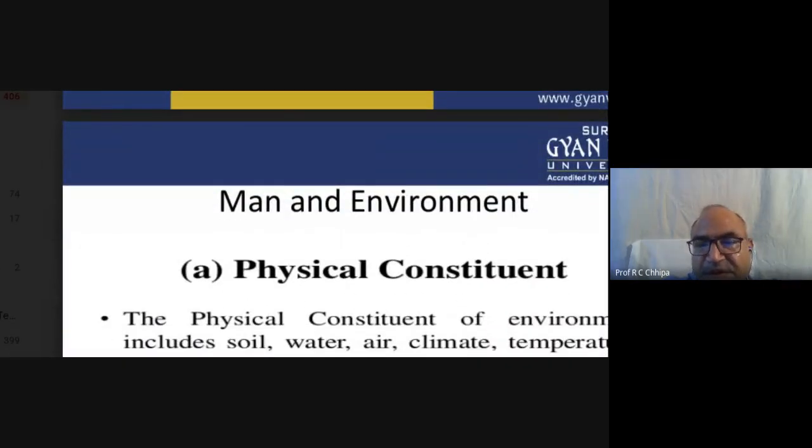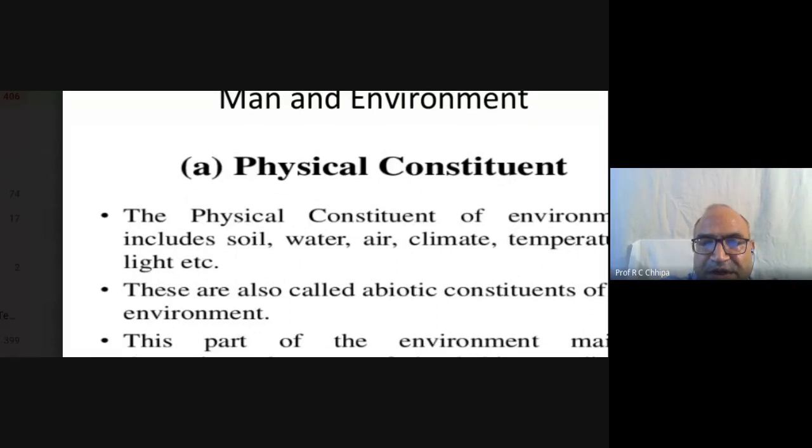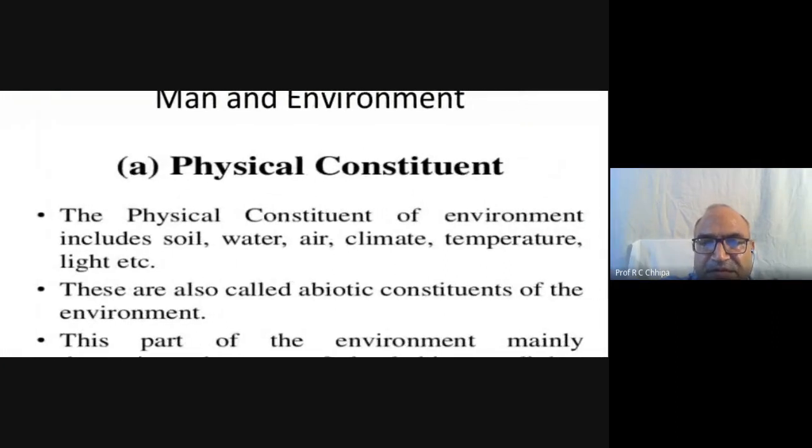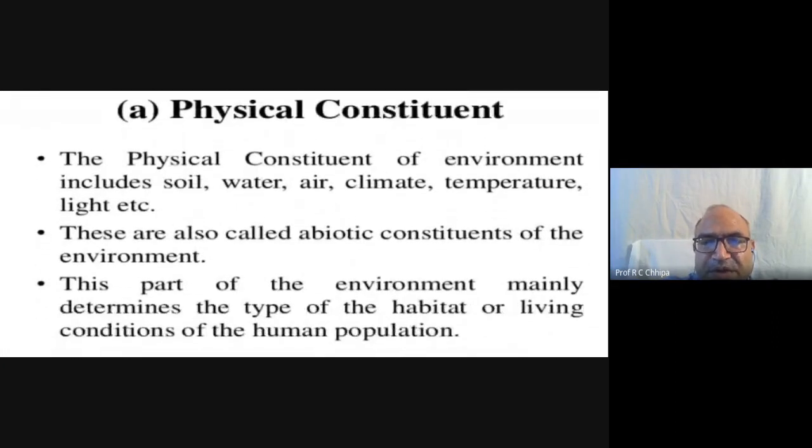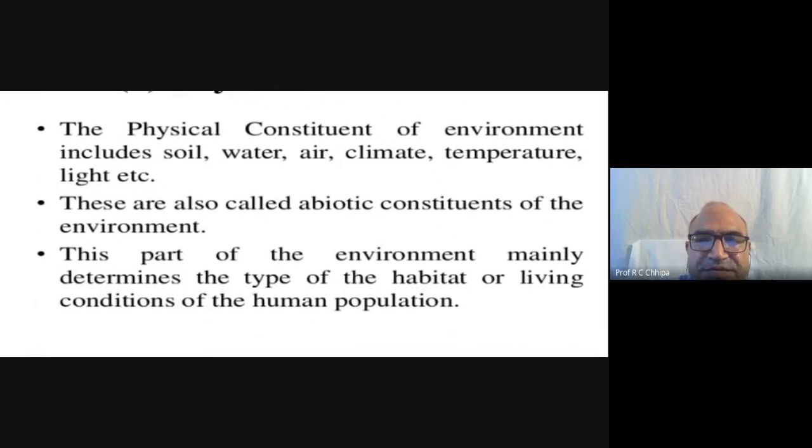So now we have to see what the physical constituent is. Whatever I have discussed, a number of examples, the physical constituents of the environment: soil, silicon oxide, the major thing, and how soil is formed by different activities of the earth.